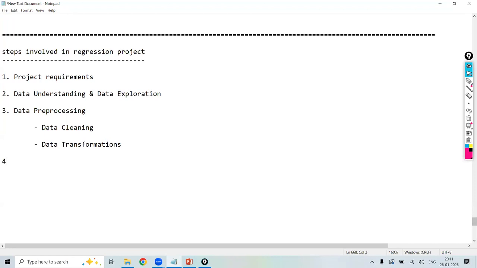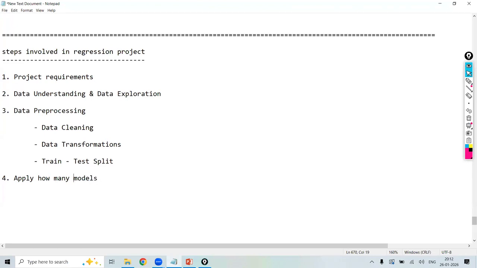Now, what is the fourth step? Now I'll divide the data into two parts. That is train, test, and split. First, I'll divide the data into two parts. This is also part of data pre-processing only. I will divide the data. After dividing the data, now I will apply how many models or how many algorithms are applicable for the given project.